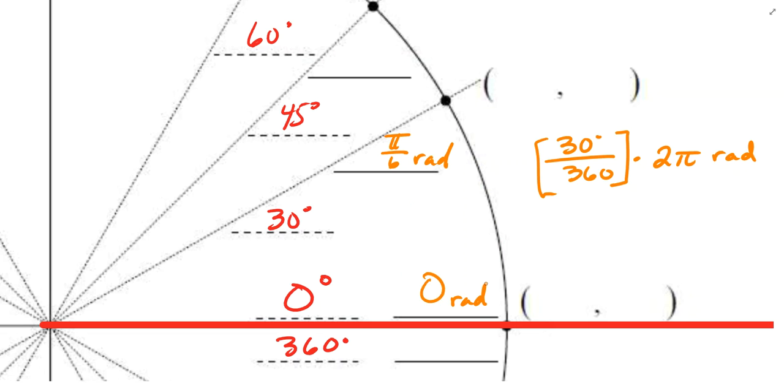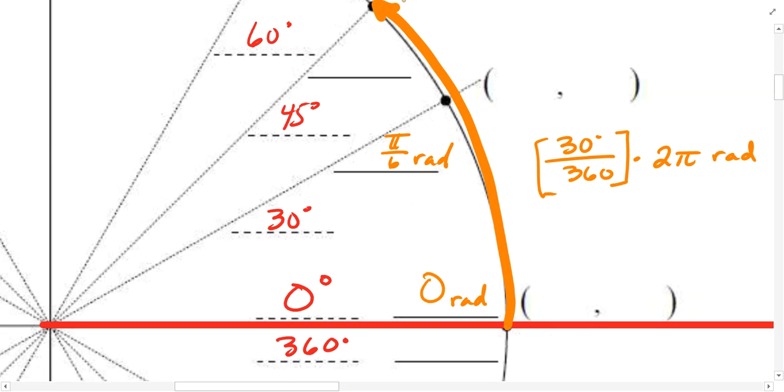The next position, when rotating from the positive x-axis to this position, could be calculated the same way. We would use 45 divided by 360 times 2 pi radians, and that would reduce to pi over 4 radians.